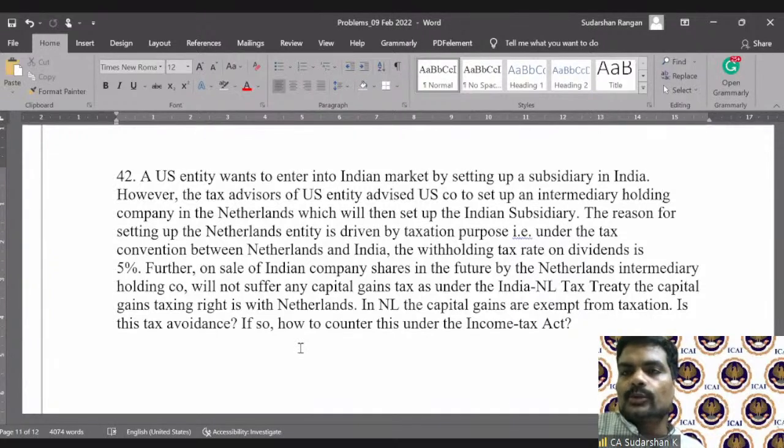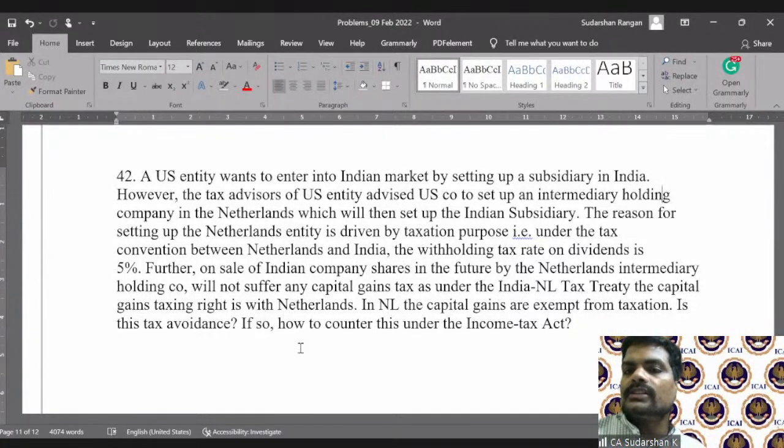Ideally speaking, it should be the US company setting up an Indian company as a subsidiary. But the tax advisors of the US entity said, no, don't go directly to India. Have an in-between company in Netherlands. Now, why? The reason for setting up the Netherlands entity is driven by a taxation purpose. That is, under the tax convention between Netherlands and India, the withholding tax rate on dividends is only 5%.